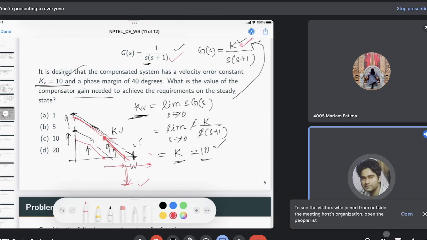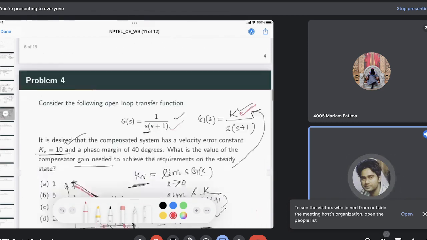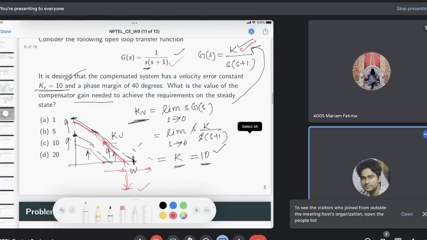So even though the original system has a good phase margin, once we adjust this gain to meet the error constant, the magnitude plot will shift up and our gain crossover frequency will shift to the right. But the phase plot will not change. So in some sense our phase margin will decrease.